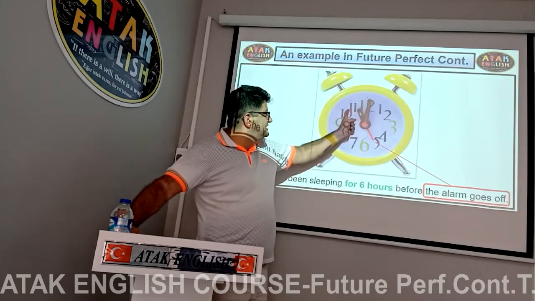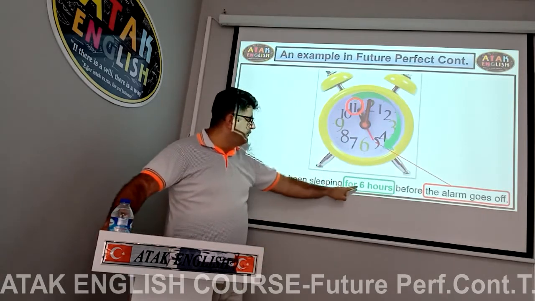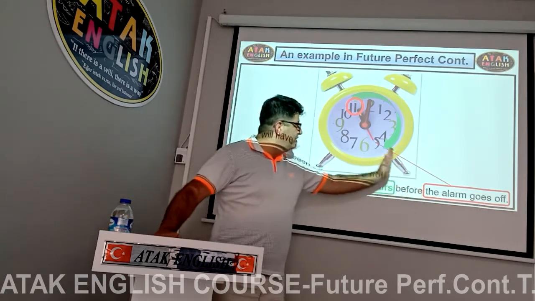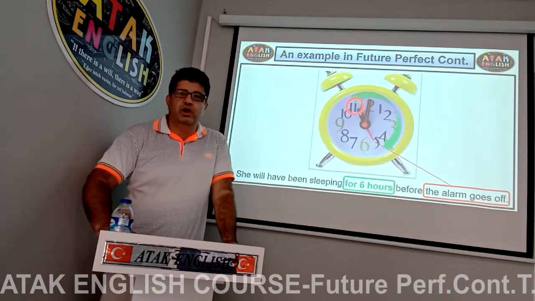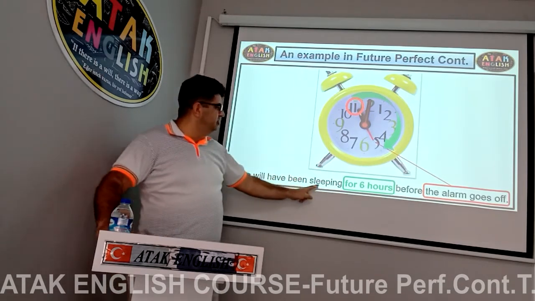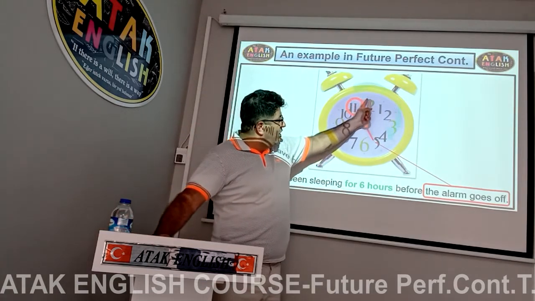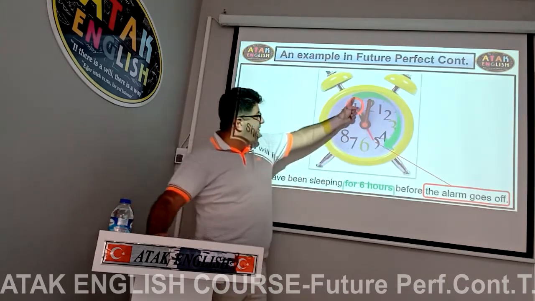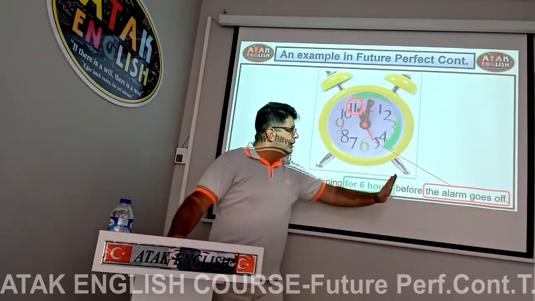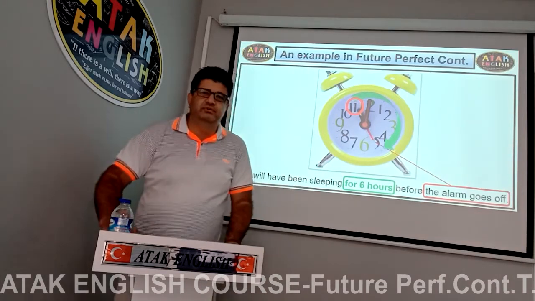So, as you can see, from 11 all the way down to 5, for 6 hours she will have been sleeping before the alarm goes off. So again, I use future perfect continuous tense for an ongoing action. Here the ongoing action is sleeping for 6 hours before another point of an action in the future.